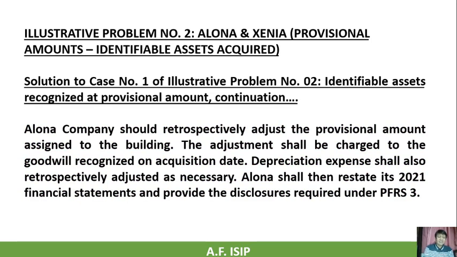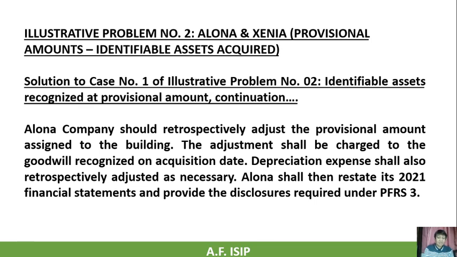So here is the official solution. Alona Company should retrospectively adjust the provisional amount assigned to the building. Adjusting entry is needed. The adjustment shall be charged to the goodwill recognized on acquisition date.